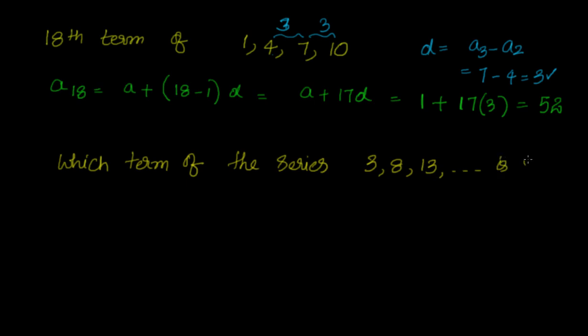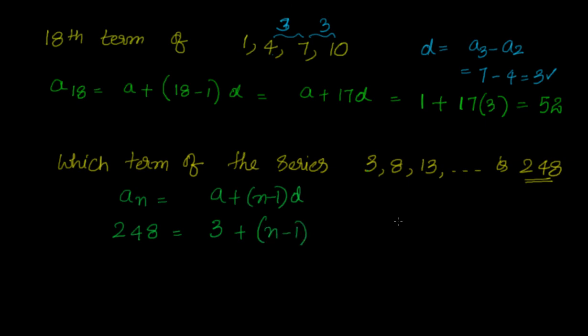Now if you observe, we have been given the series and we have been given the term also, but we have to find out what n is. So I will apply the same formula: an equals a plus n minus 1 into d. In the earlier problem we knew n and had to find an. Now we know an and have to find n. It's very simple. I will say 248 equals a, which is 3, plus n minus 1 into d.